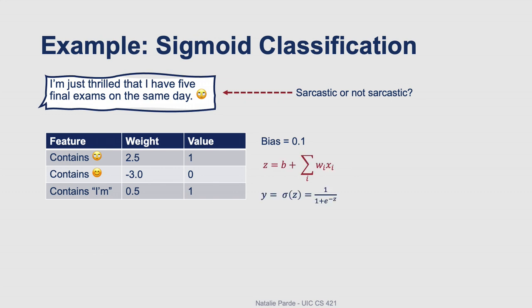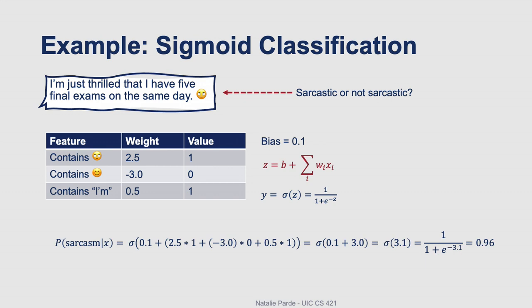So now we can go ahead and begin our computations. For easy reference, here are the functions to compute z, the linear combination of weighted inputs, and y, the result from applying the sigmoid function to z. With the values we have in our table, this means that to compute the probability of the positive or sarcasm class, we would take the sigmoid of our bias term, 0.1, plus the sum of 2.5 times 1, negative 3 times 0, and 0.5 times 1.